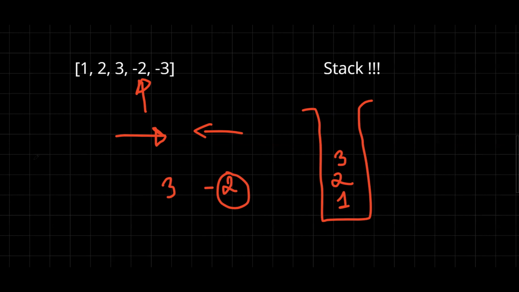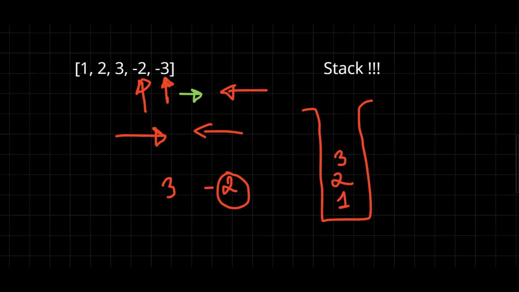So now, our current pointer is pointing to this element -3. Here again, our top element is 3 and our current element is -3. The direction of this element -3 is towards left, and the direction of the recent top element of the stack is towards right. So there is a possible collision, right?